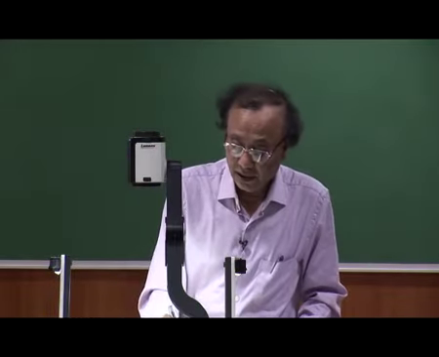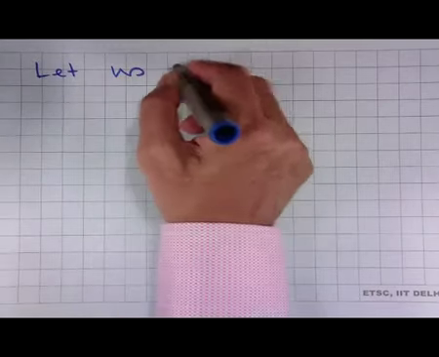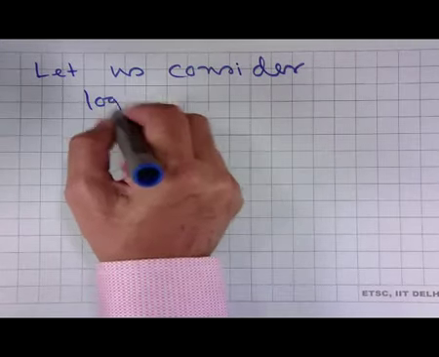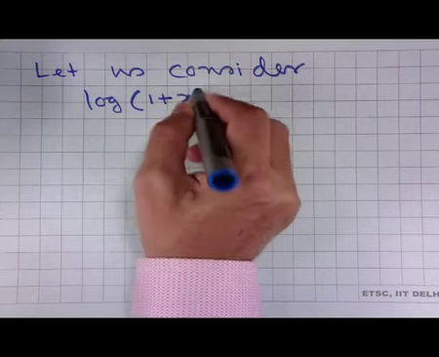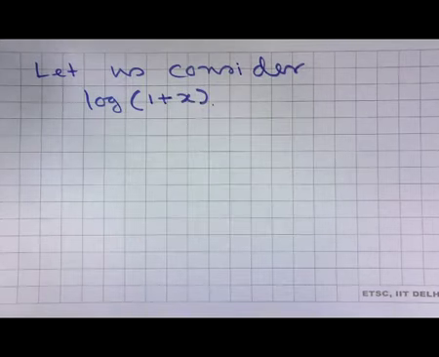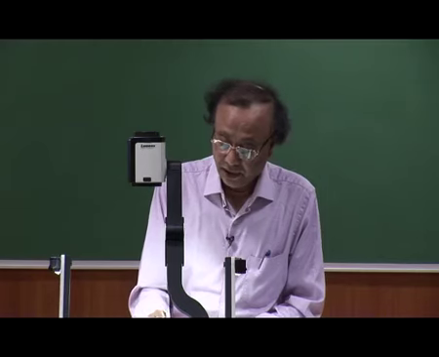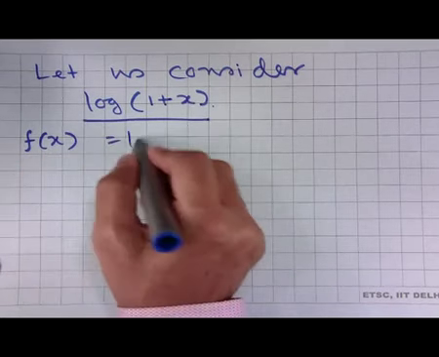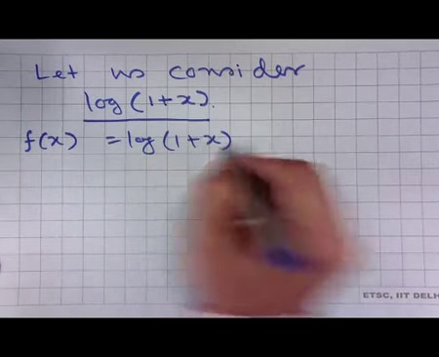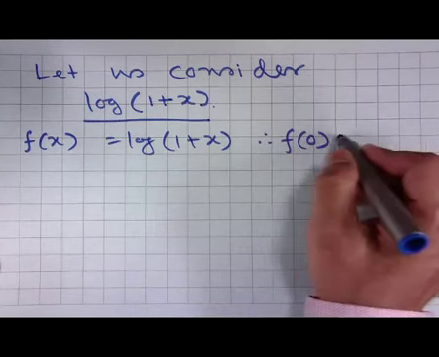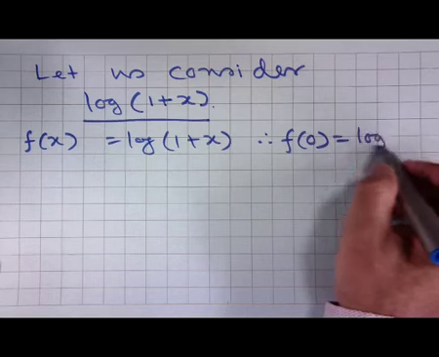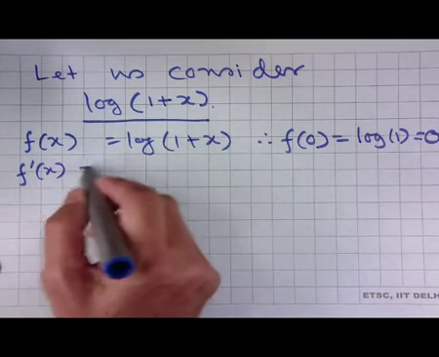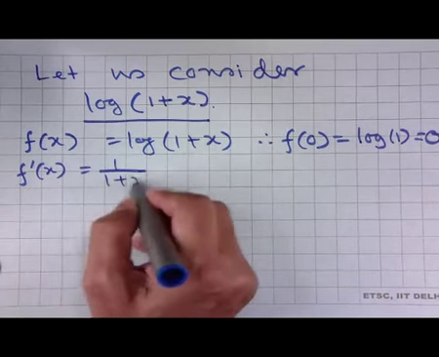For instance, let us consider log of 1 plus x. So, let us start with this. f x is equal to log of 1 plus x. Therefore, f 0 is equal to log of 1 is equal to 0. f prime x is equal to 1 upon 1 plus x.